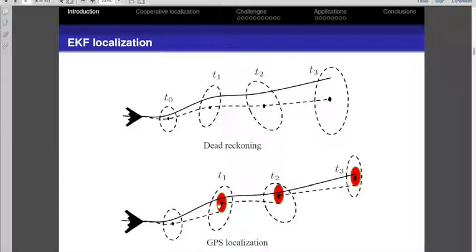And when you don't have GPS, you use again IMU information to integrate until you get a GPS measurement. So that's kind of the basic localization process. But this localization is in the inertial frame. You are trying to estimate where the vehicle is with respect to the Earth center or north-east-down position.